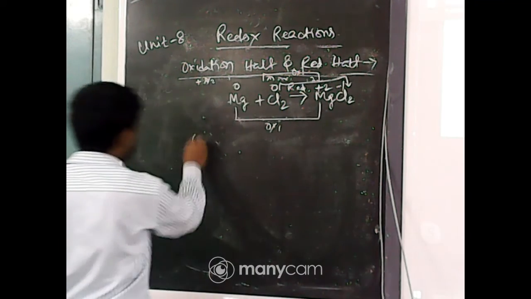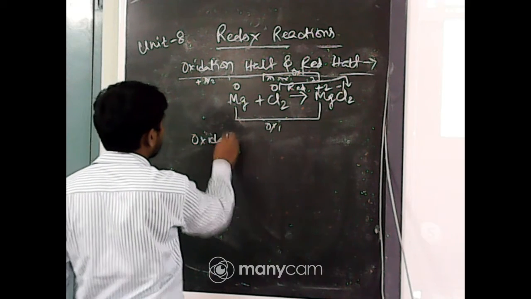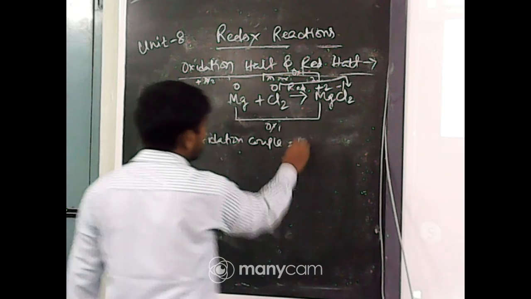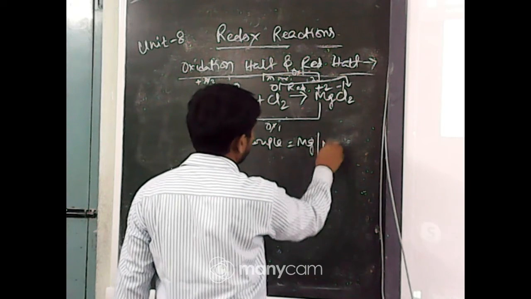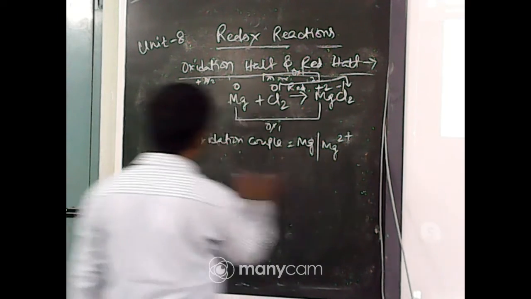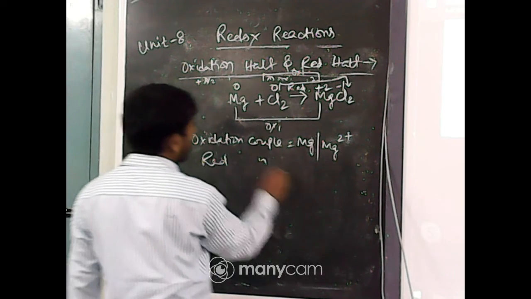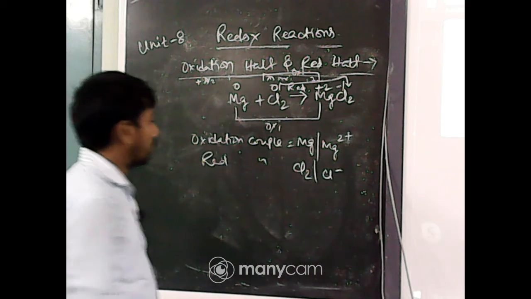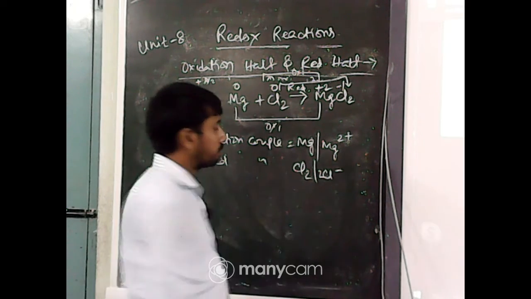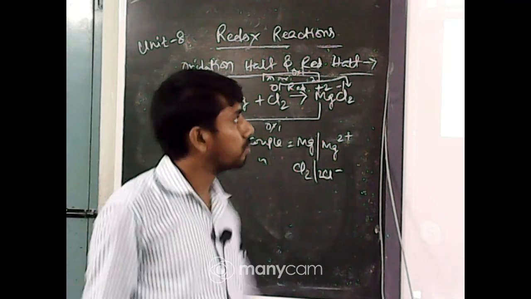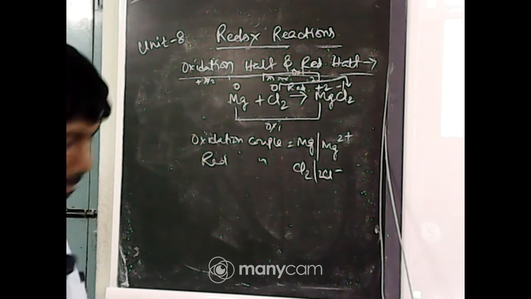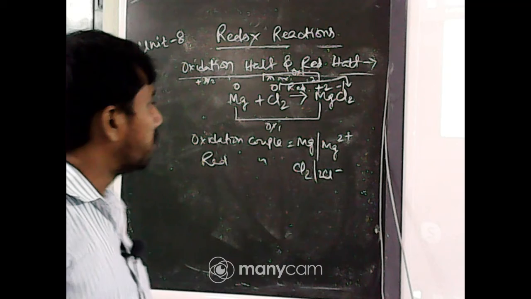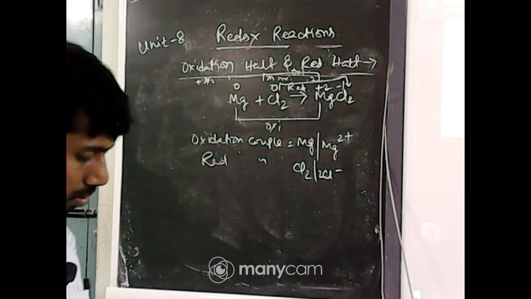The oxidation couple is Mg2+/Mg, and the reduction couple is Cl2/Cl-. Very easy. By this way, we can predict the oxidation and reduction half of the reaction.